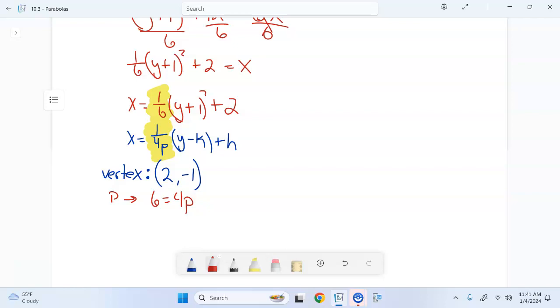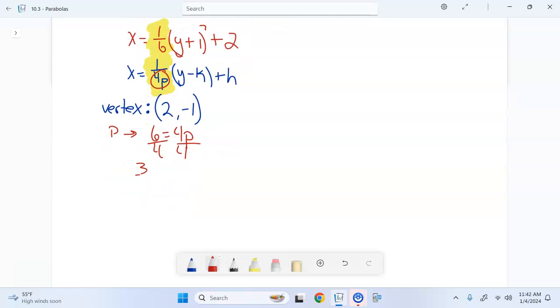If I have the fraction 1 over 6, and it has to be the same as 1 over 4p, well then logically 6 has to equal 4p. So we set 6 equal to 4p, solve. We divide by 4, we get 3 over 2, or 1.5 for your value p, for your focal length. Your focal length is 1.5.